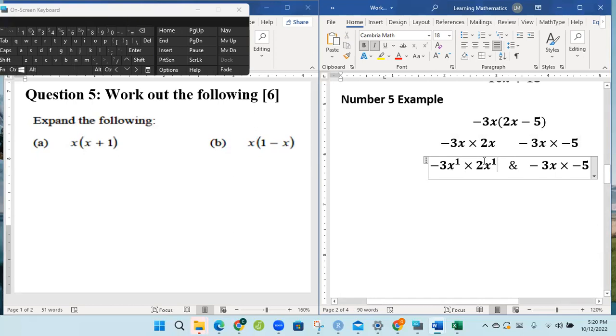Once the letters are the same and you are multiplying, you add the exponents. You multiply the coefficients and you add the exponents. So this is going to become negative 6x, 1 plus 1 is 2, negative 6x squared.